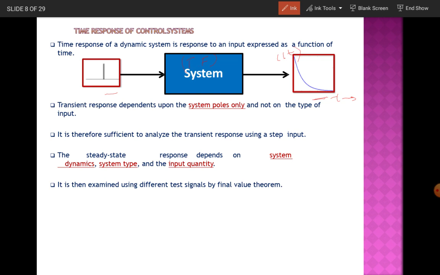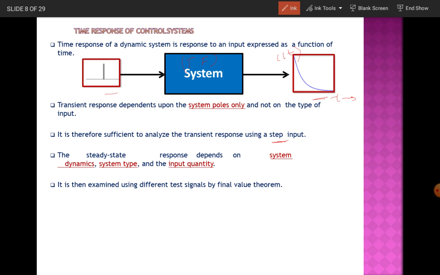The transient response depends upon the system poles only and not on the type of input. It is therefore sufficient to analyze the transient response using a step input. The steady state response depends on dynamics, system type, and input quantity.